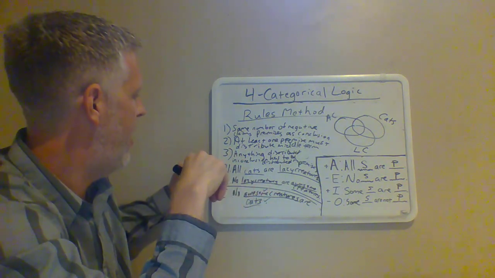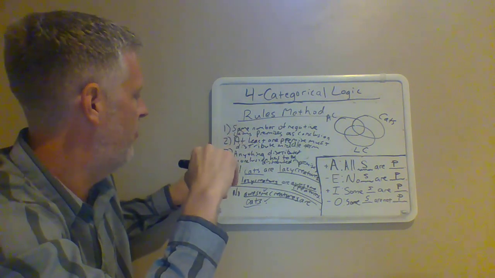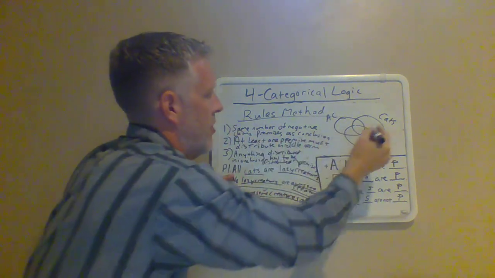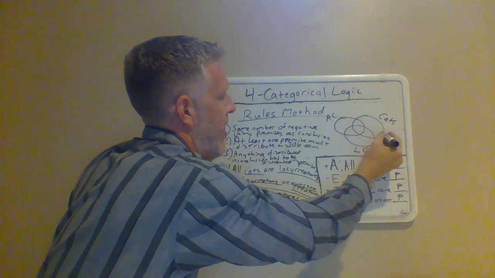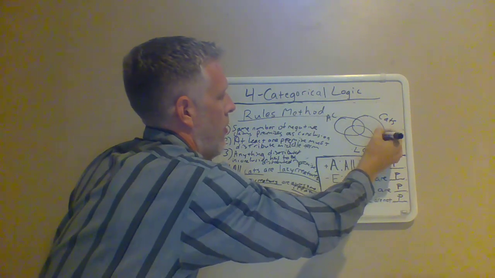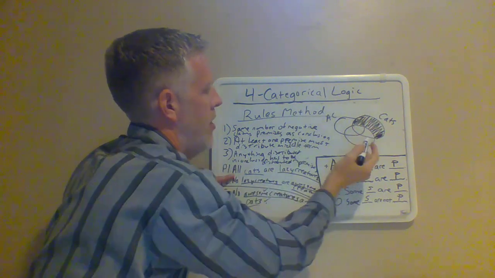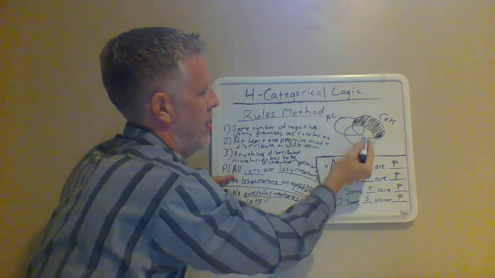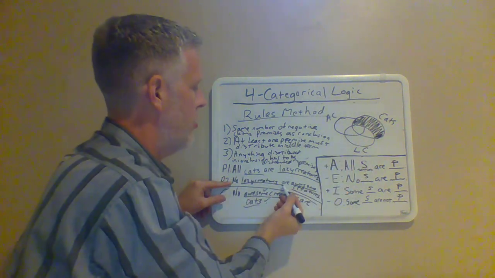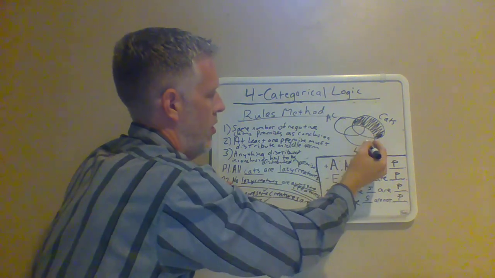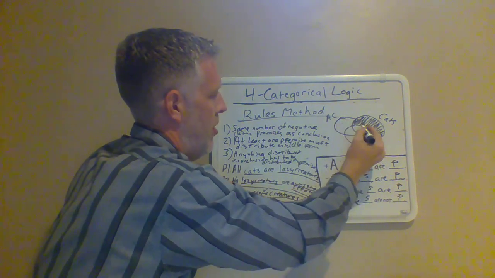So let's go ahead and map, to diagram, our premises. Premise one, all cats are lazy creatures. So it's not possible to be a cat and not be a lazy creature. Any cat is going to also be a lazy creature. No lazy creatures are awesome creatures. So if it's a lazy creature, it's not possible to be awesome.